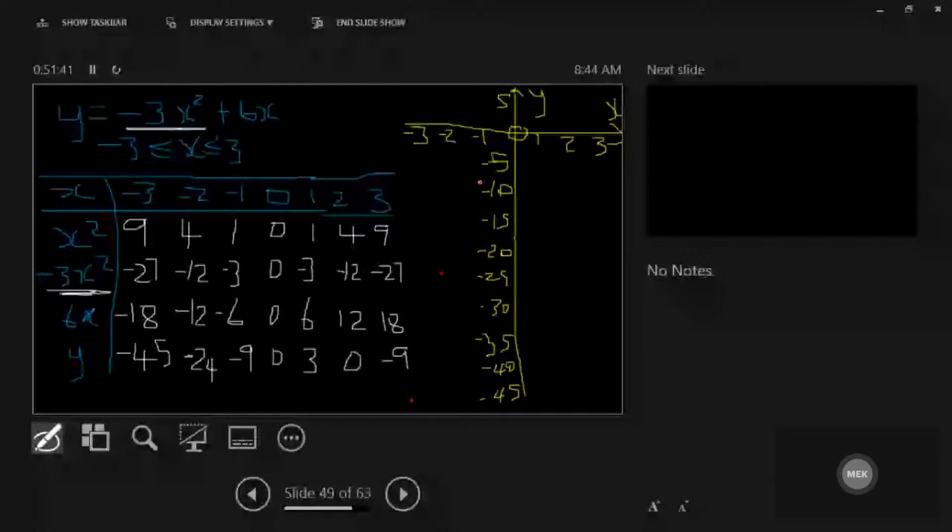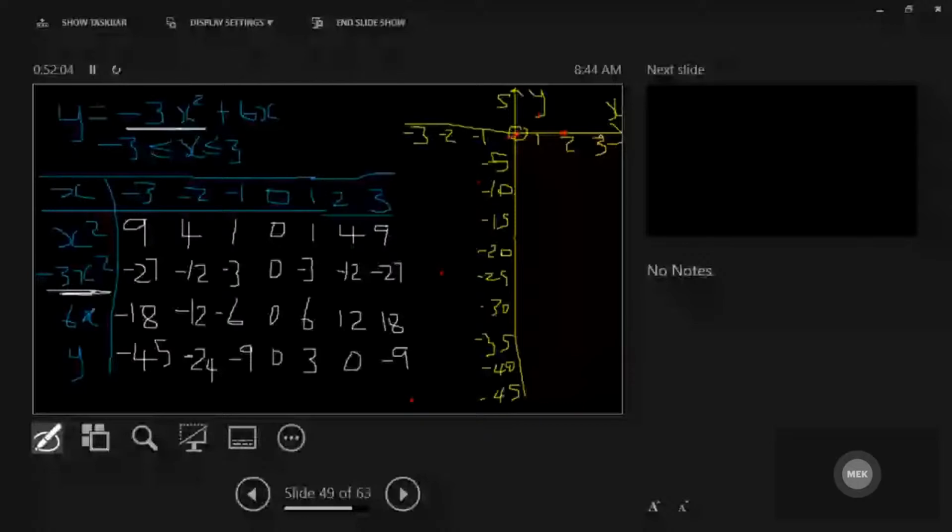So that's here. 1 to 3. So positive 1 on the x up to positive 3. Positive 2 to 0. So back down to 0 here for the 2. And positive 3 to negative 9. So positive 3 down to negative 9.